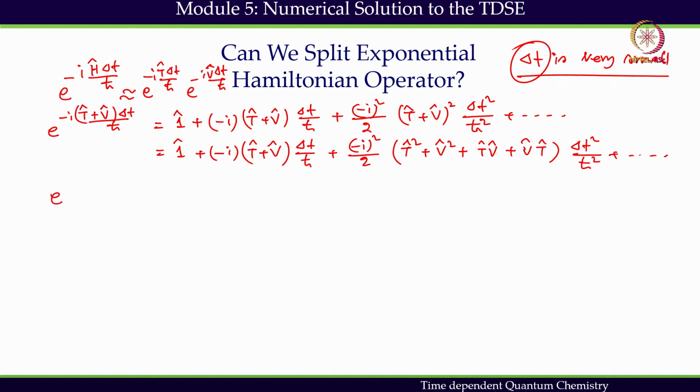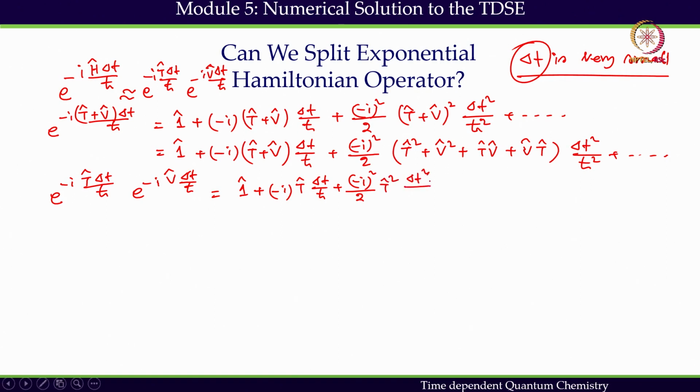On the other hand, if I try to express this in product form, e to the power minus i V delta t by h cut, then I will be able to write down 1 plus minus i T delta t by h cut plus (minus i) square by 2 T square delta t square by h cut square, like this.